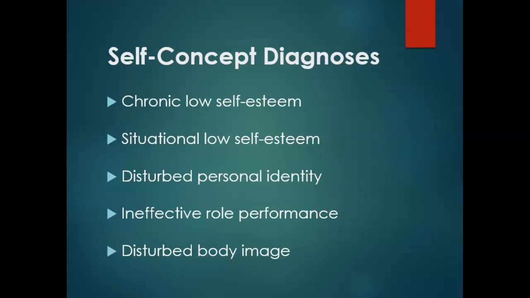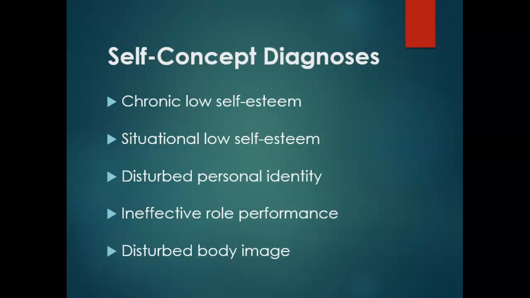Situational low self-esteem. The person exhibits self-disapproval and negative self-evaluations as a specific reaction to loss or change. Disturbed personal identity: negative and incorrect assessment of self-identity and inability to determine boundaries between self and others.